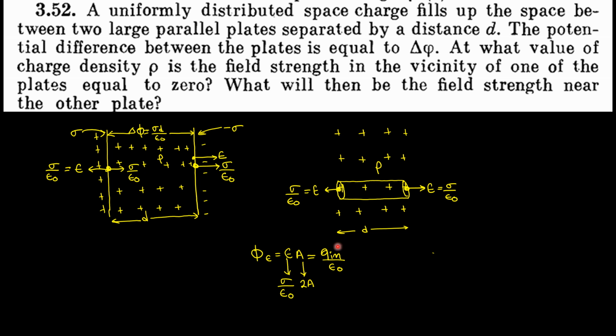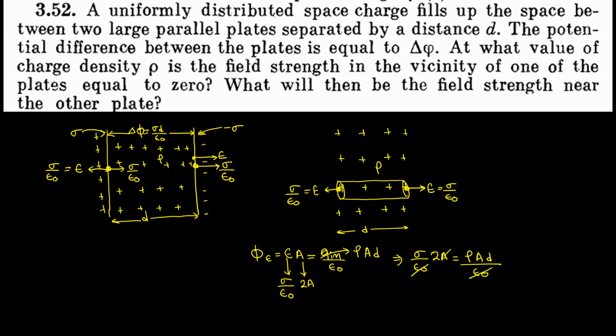What is the charge inside? The charge inside the Gaussian volume is nothing but charge density into volume. Volume is nothing but A into D, isn't it? The volume of this entire cylinder is A into D. Now if I take these two equations, sigma by epsilon naught into 2A is equal to rho A D by epsilon naught.